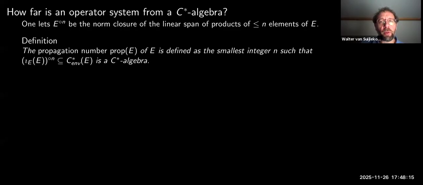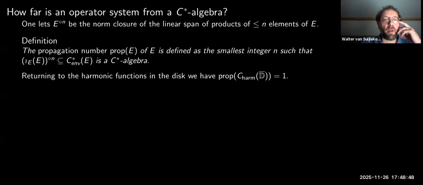And what we introduced in the paper with Lancon is a so-called propagation number, which is the smallest integer such that if you take, say, polynomials and the closure of those up to degree n, then the smallest of those n's is the propagation number whenever that closure is a C-star algebra. Okay, so you actually propagate inside the C-star algebra, and at some point you actually hit everything of the C-star algebra.